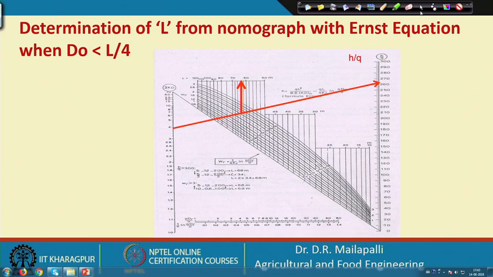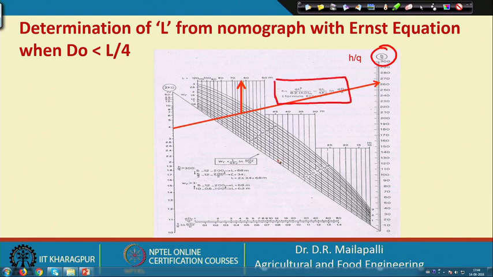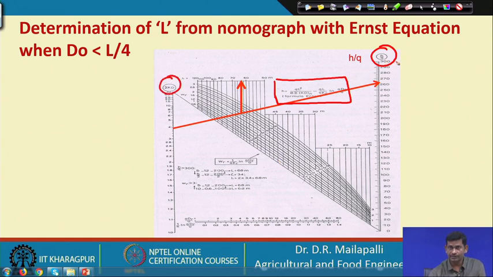So, if you observe this nomograph clearly, one y axis is h by q, if you refer to the Ernst equation. The Ernst equation will be this, this is the formula. In this, one y axis has sigma k d, the other y axis is h by q. So, these are known values.